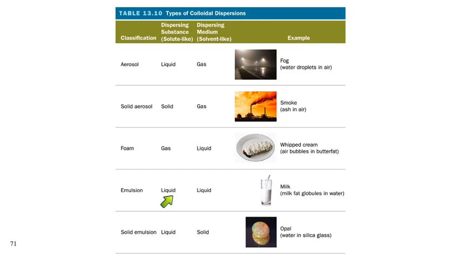An emulsion is a liquid dispersed in a liquid. So milk. If you have raw milk straight from the cow, not treated at all, and you let it sit, the cream rises to the top. The fat rises to the top because fat isn't soluble in water. Then they skim the fat off and make butter out of it, and the rest of it's called skim milk because they skimmed off the fat.